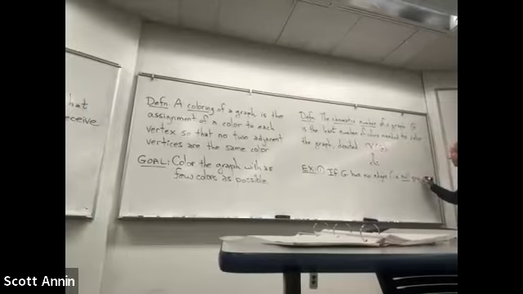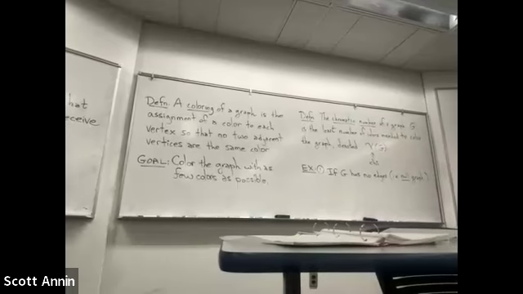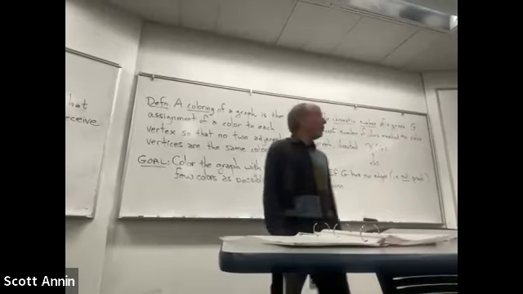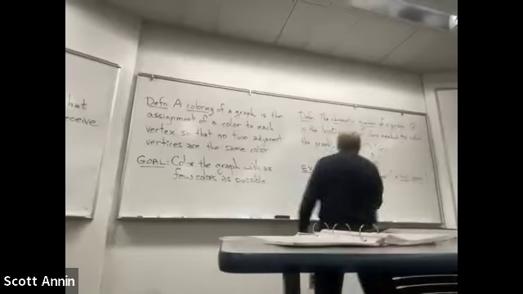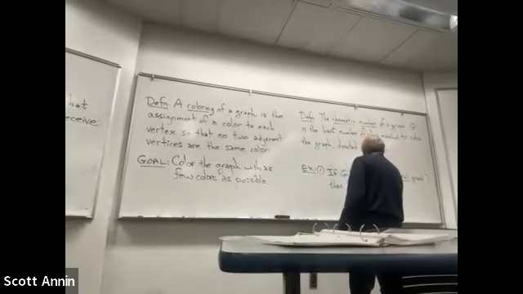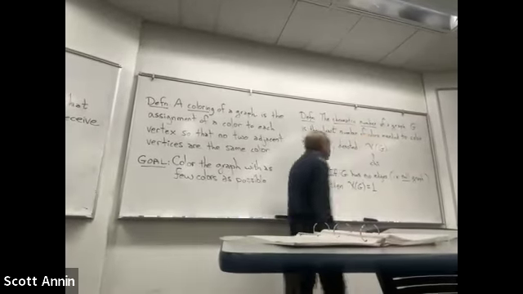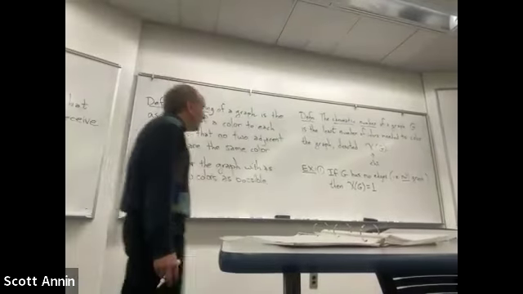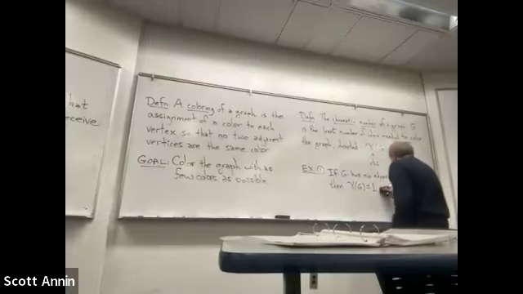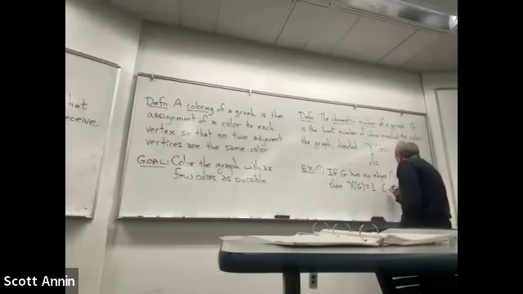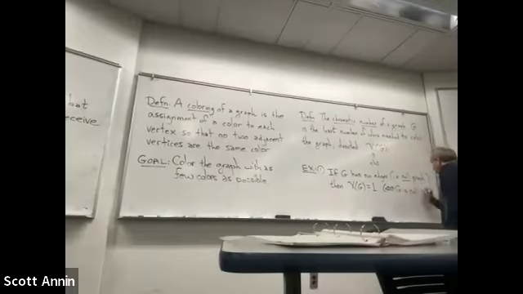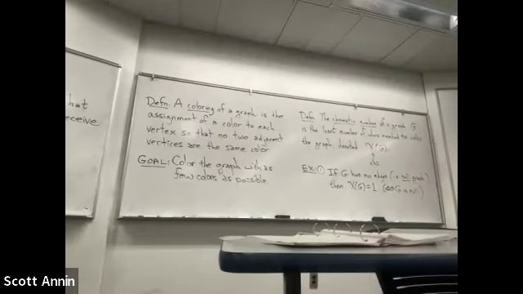A null graph is just one that does not have any edges. Then how many colors do you need? One. You just need one color. You can just color every vertex the same color. And so the chi of G, the chromatic number, is just one. And in fact, that's if and only if. I probably should point that out. So this is chi of G equals 1 if and only if G is null. No edges, right? That's pretty straightforward.